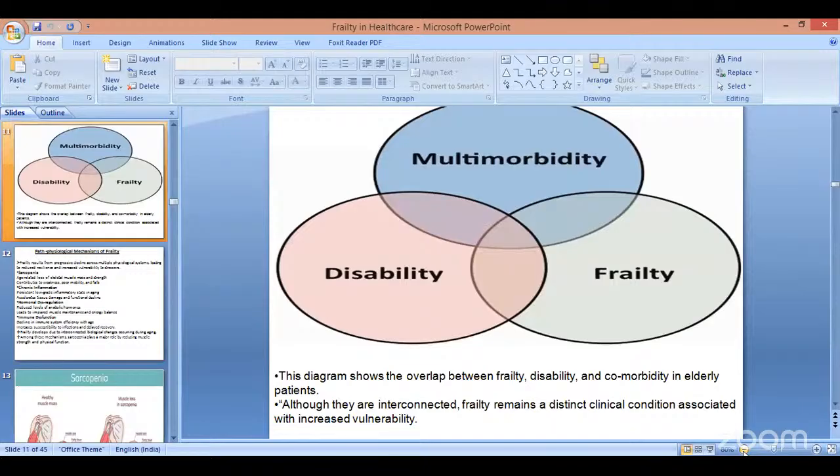Here is the picture where frailty is associated with multimorbidity and disability. The diagram shows the overlap between frailty, disability, and multimorbidity in elderly patients. Although they are interconnected, frailty is a distinct clinical condition with increased vulnerability.